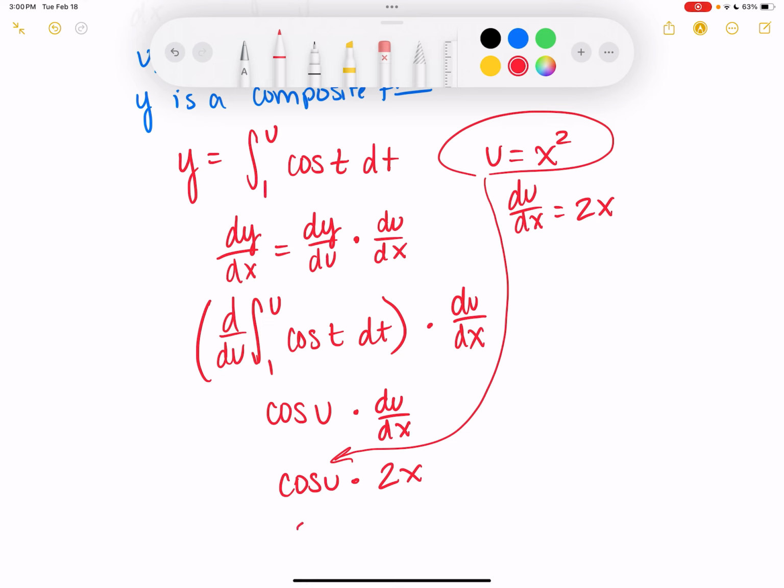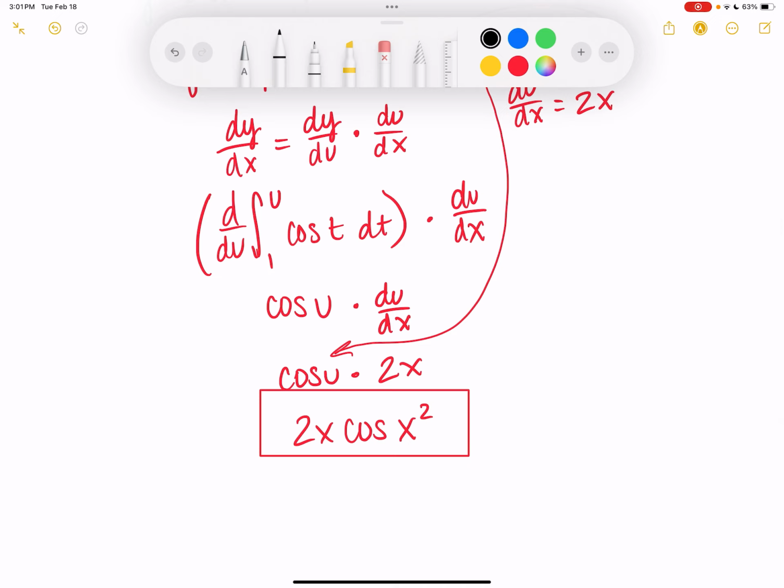So this is actually 2x cosine of x squared. So du dx is u prime. Now we can move into some problems with this stuff, which is the first 20 problems.